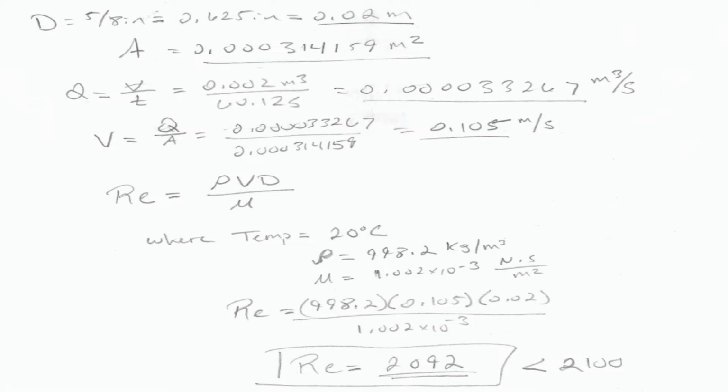From then, I did my calculations to get velocity and plugged all my numbers into the Reynolds number equation. I figured out that in the house it's 20 degrees Celsius, so I went onto the table provided in the textbook and plugged in all the necessary values to come up with a Reynolds number of 2092, which is less than 2100.